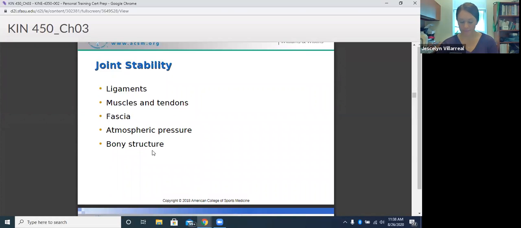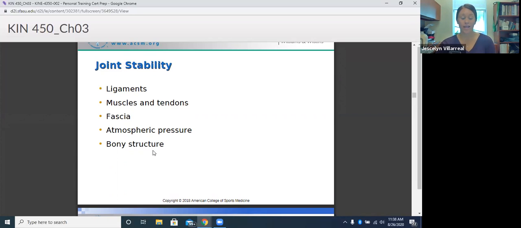Joint stability, looking at ligaments, muscles, tendons, fascia, atmospheric pressure, and the bony structure. Ligaments facilitate normal movement and resist excessive movement.